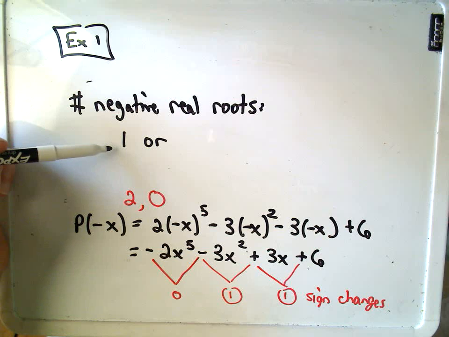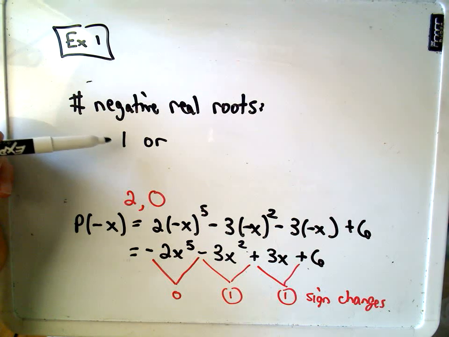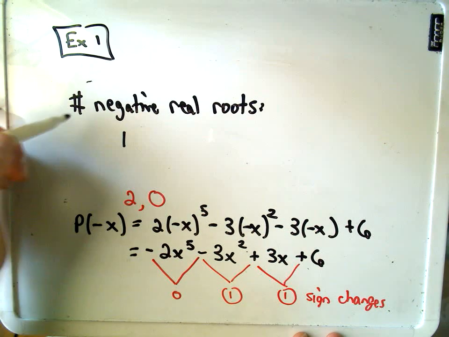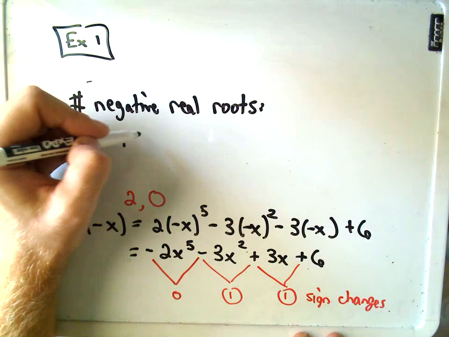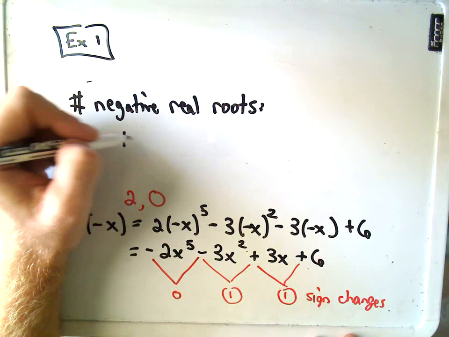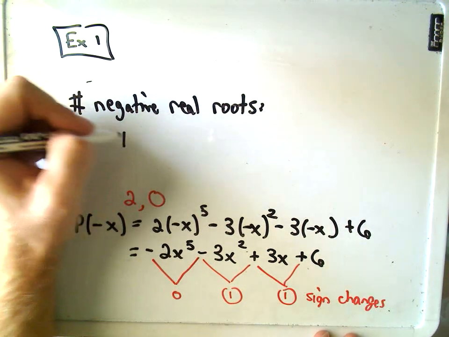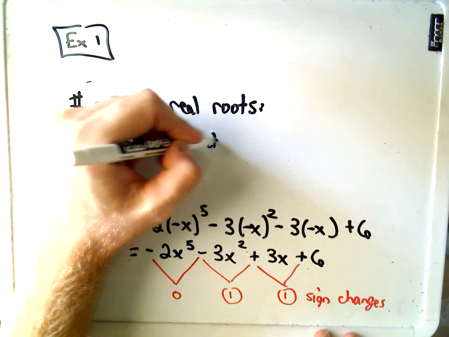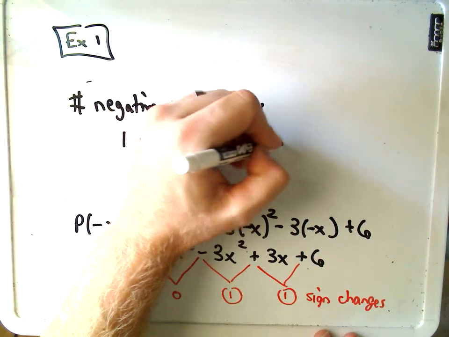But if we decrease by a multiple of 2, we're going to get negative 1, and certainly you can't have negative 1 real roots. So really the only possible thing is for there to be 1 negative real root. There's no other possibilities. So in this case, we actually know that there is exactly 1 negative real root.